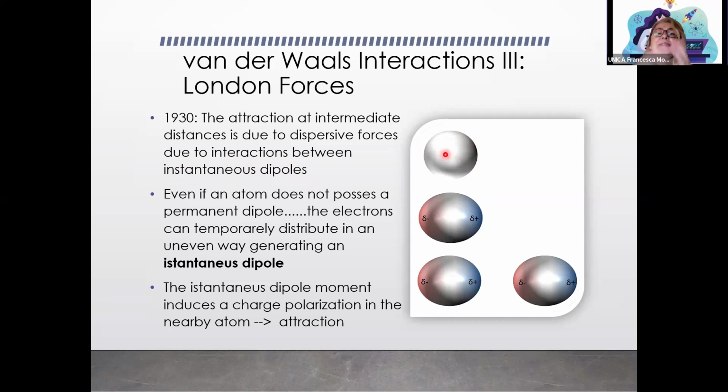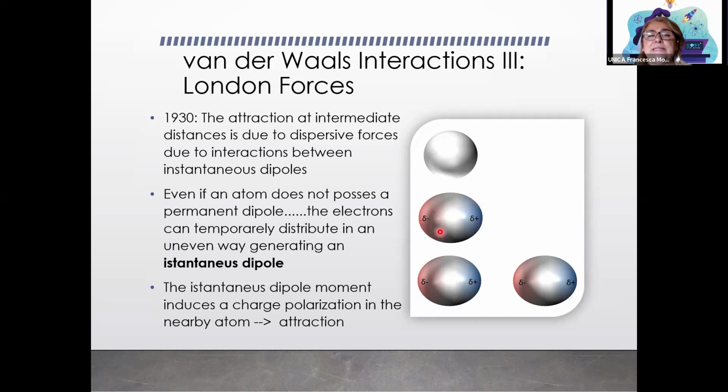We can represent the average electronic distribution as a spherical distribution around the nucleus. But even if an atom does not possess a permanent dipole, the electrons can temporarily distribute in an uneven way, because they are not fixed in a certain position.